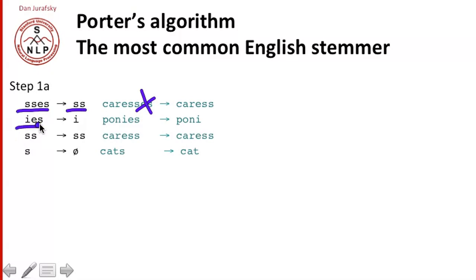Or a rule that takes IES to I, chops off the ES of ponies and leaves poni. We're going to use poni with an I as the representation in Porter stemming of pony. And the rules operate in order so that at this point, if there's any SS's left, they stay as an SS, but any other S's get deleted at this point. So the S of cats is deleted while the SS of caress is kept.